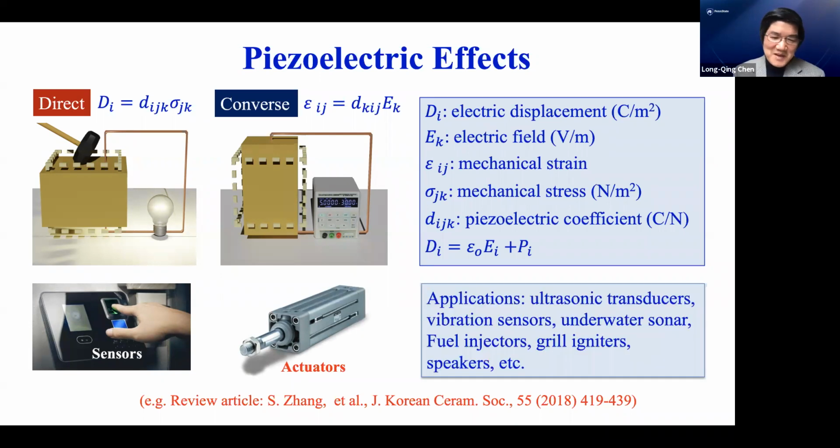Some of the examples are listed here, like ultrasonic transducers, vibration sensors, underwater sonar systems, and some of the common devices we're all familiar with, like even fuel injectors, grill igniters or speakers.